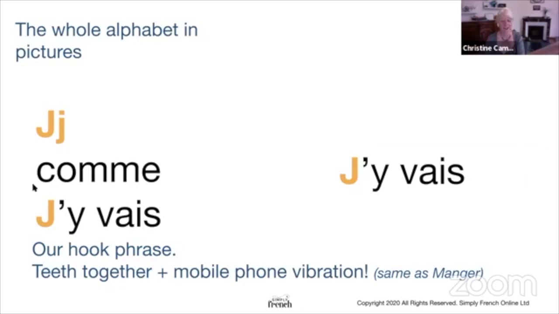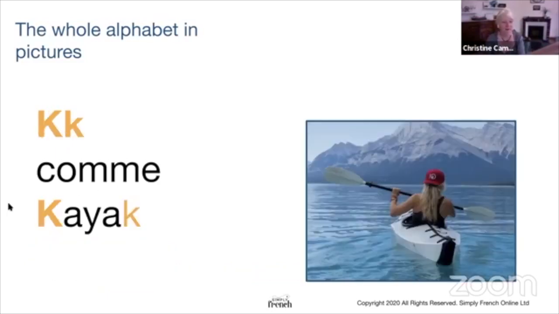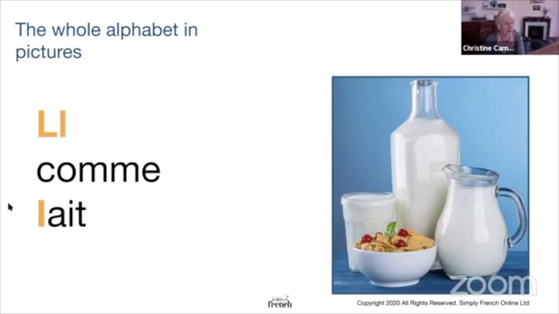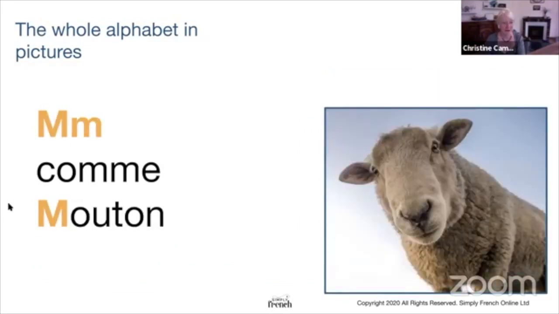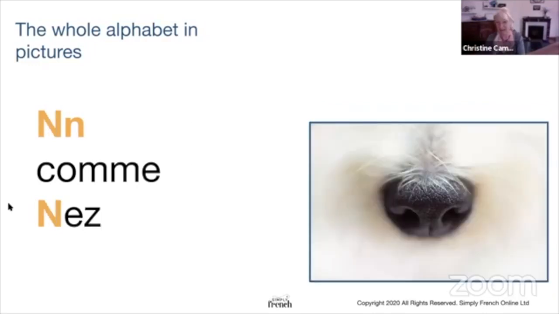It's our hook phrase. Teeth together, mobile phone vibration. Same as manger. J'y vais. EG is easy. I'm visualizing. EG. J. K comme kayak. L comme lait. Délicieux. M comme mouton. N comme nez. Nez.